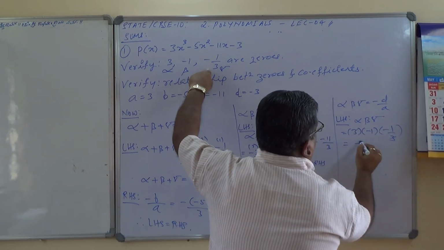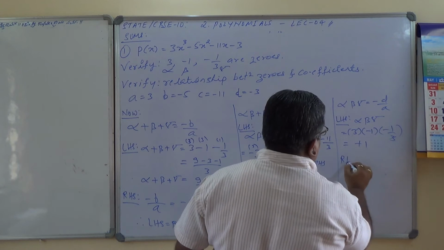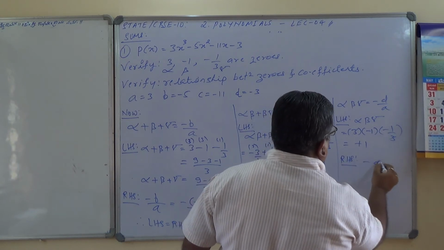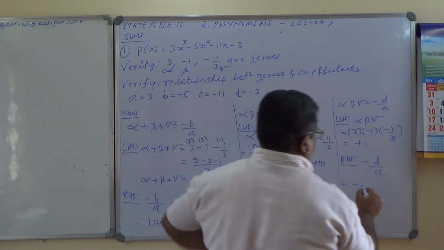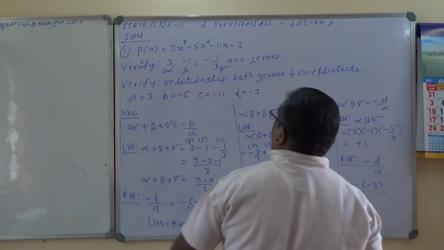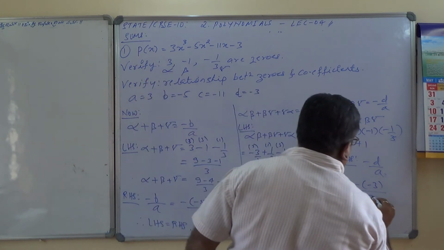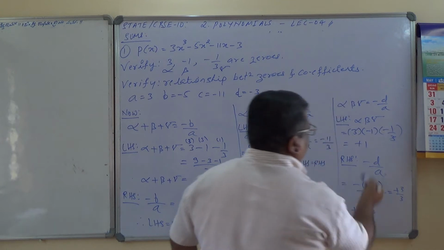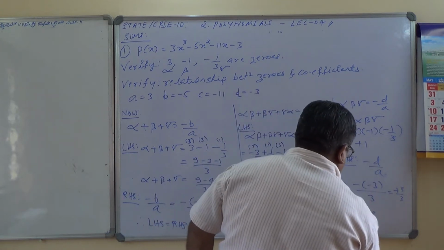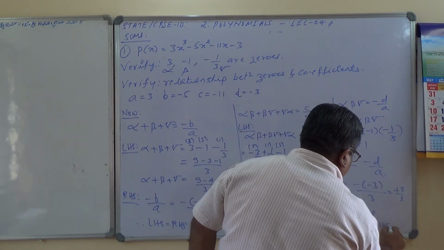This will cancel, plus 1. RHS: minus D by A, which equals minus of D, D is how much? Minus 3. A is 3, which equals plus 3 by 3, which is plus 1. Plus 1, plus 1. Therefore, LHS equals RHS.